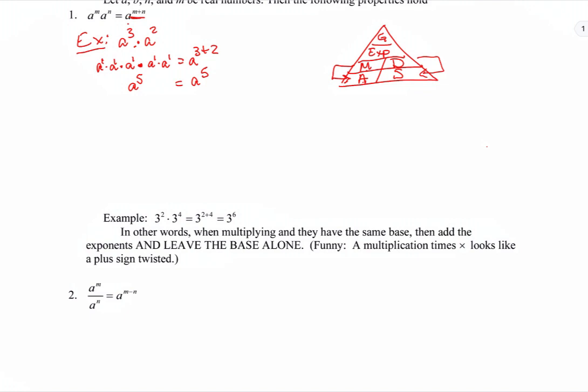So here in my pyramid, it tells me what I do to my exponents: if I'm multiplying, I add; if I divide, I subtract. That is the reason why you have to keep the vertical, and it's so important. So, notice the pyramid tells us the operation.